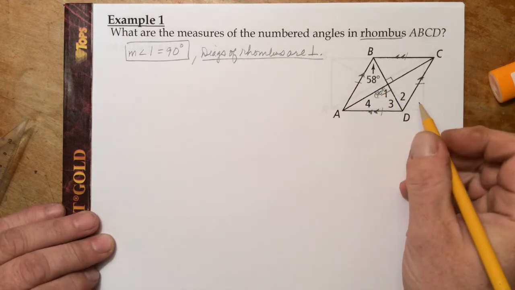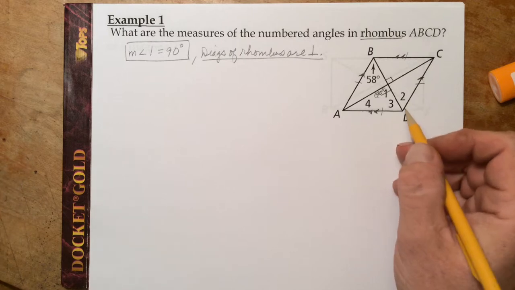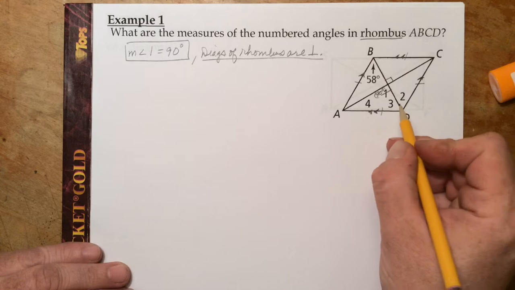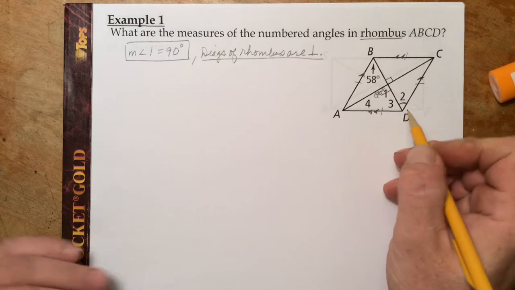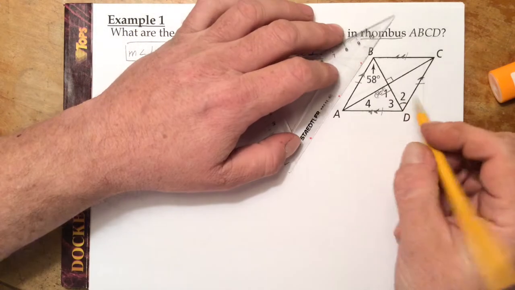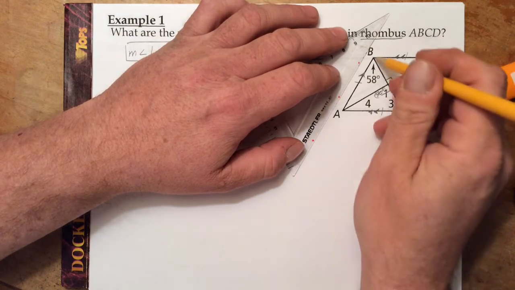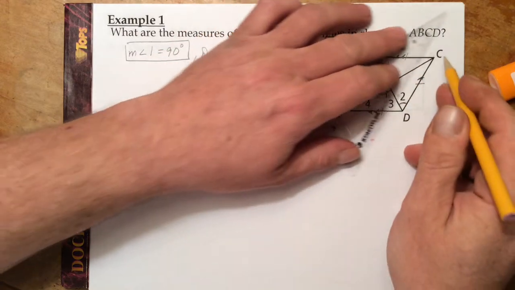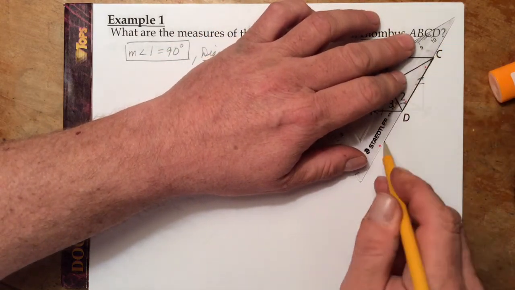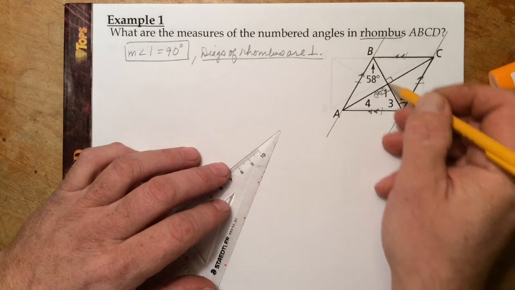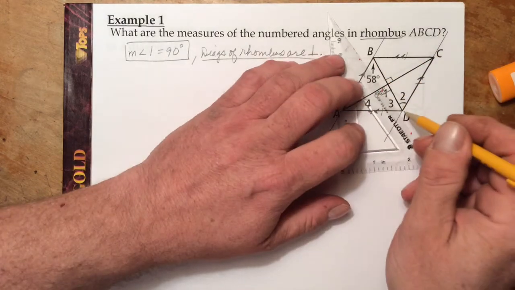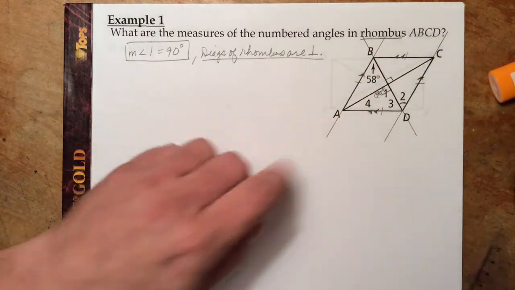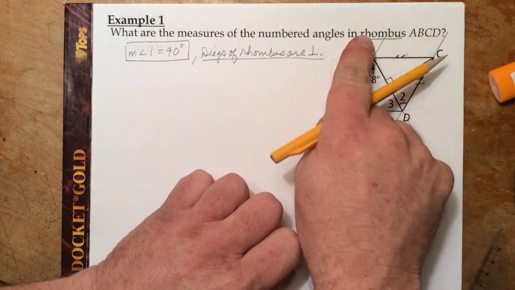Then moving on to angle 2. Angle 2 is an angle that is created by one of the diagonals and one of the sides right here. Notice that since this is a parallelogram, this pair of opposite sides are parallel in addition to the other two. But if we extend these two, and then we use the diagonal that's adjacent to angle 2 and extend it, notice from long ago we have two parallel lines cut by a transversal.